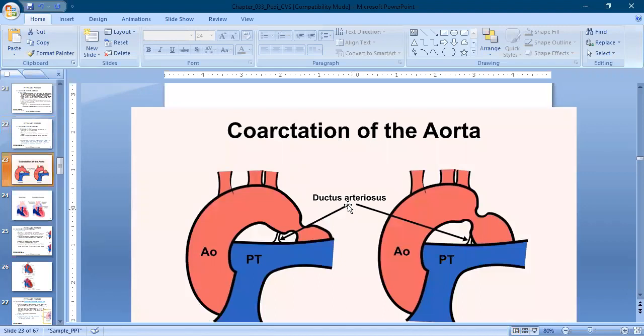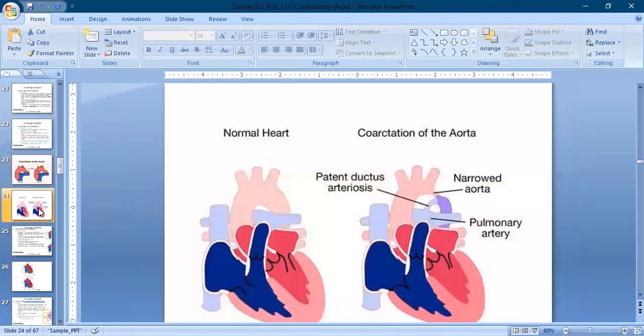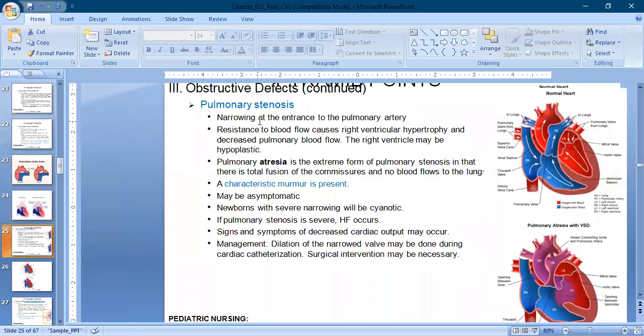In this picture showing the ductus arteriosus, close to the ductus arteriosus is the narrowing of the aorta, and this is called coarctation of aorta. What next? Next is pulmonary stenosis. In this picture, showing the normal pulmonary artery, pulmonary trunk, but here the pulmonary trunk is narrowing.